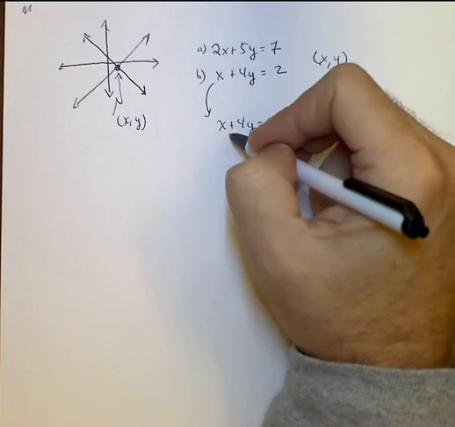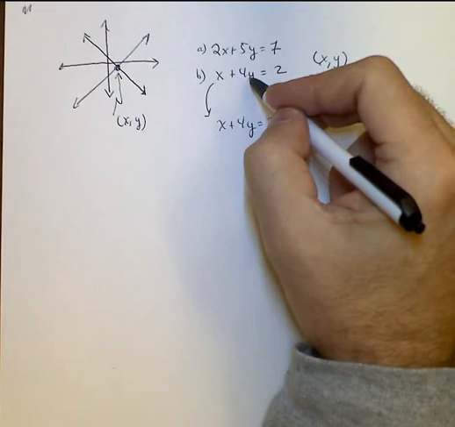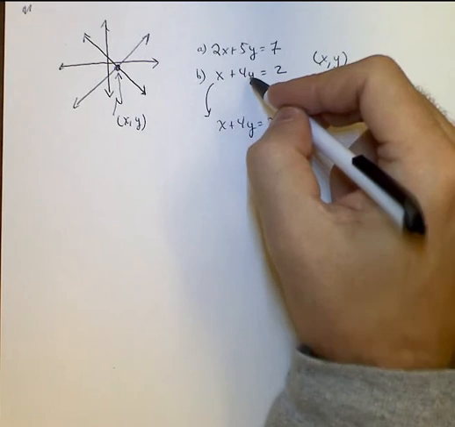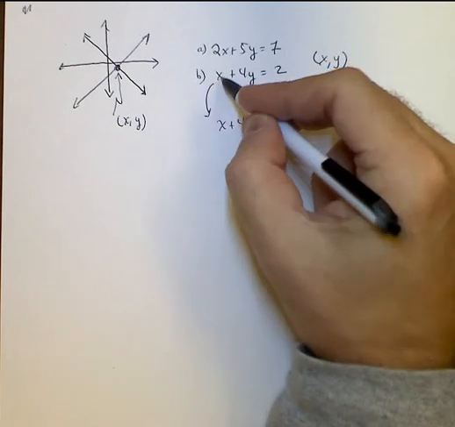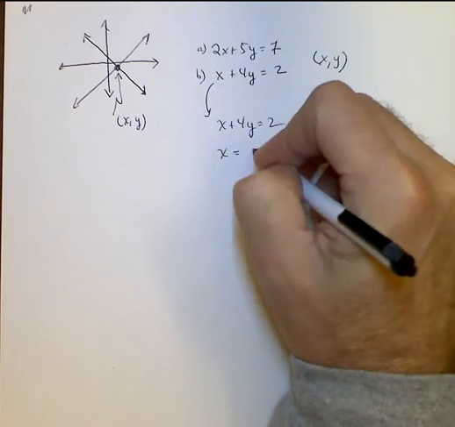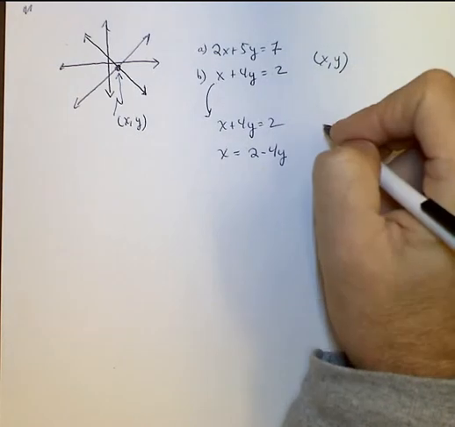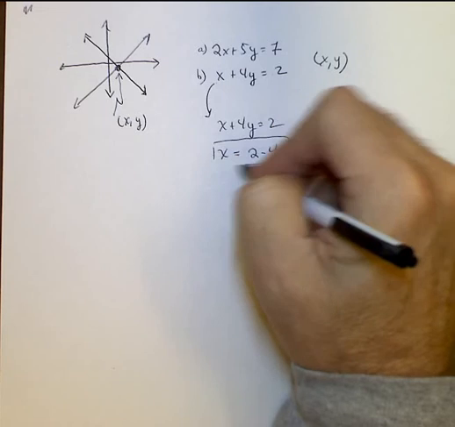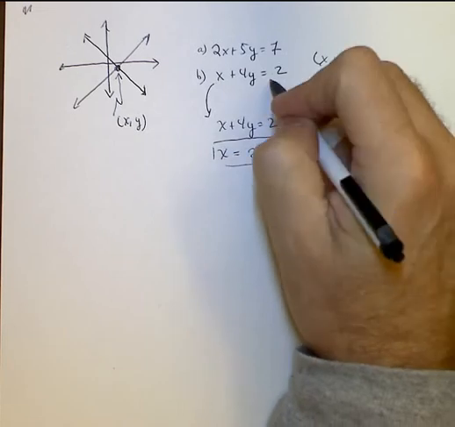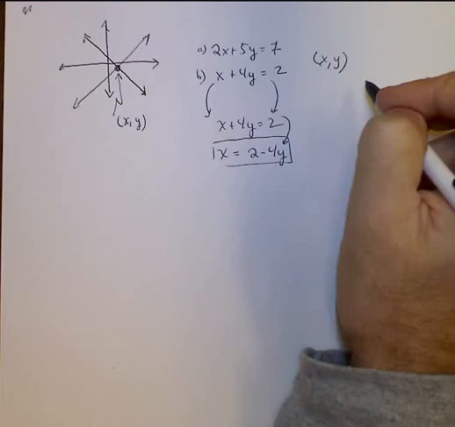In a different problem, it could be y equals, if the y term happened to be the term with the coefficient of 1. But in this example, it's the x term that has the coefficient of 1. We use algebra and solve for that x term, moving the 4y to the other side by subtracting it from both sides. So now we take the B equation and turn it into x equals 2 minus 4y.